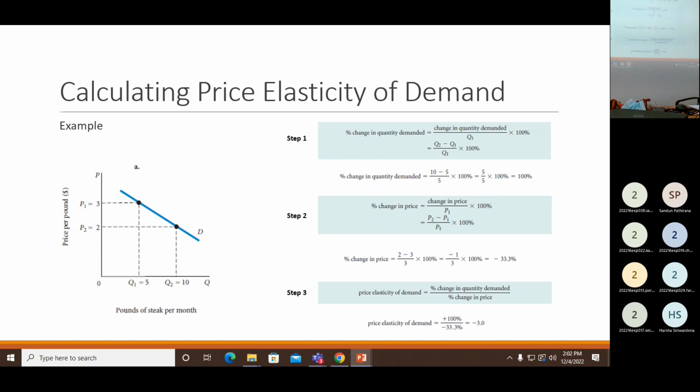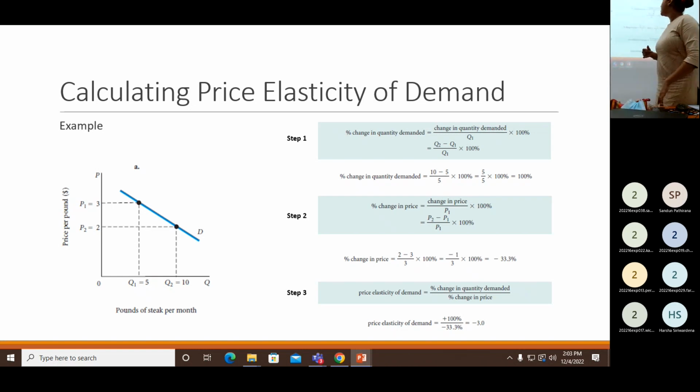Initially, the price P1 is $3 and the initial quantity Q1 is 5. The price has dropped to P2, scenario 2, from $3 to $2. Because of the price drop, the quantity demanded has increased from 5 to 10. So these values you now have to put in the formula.